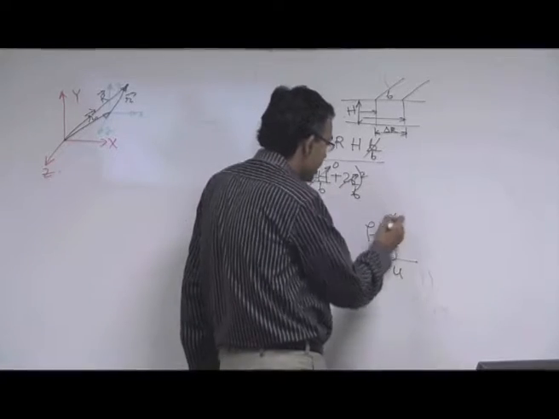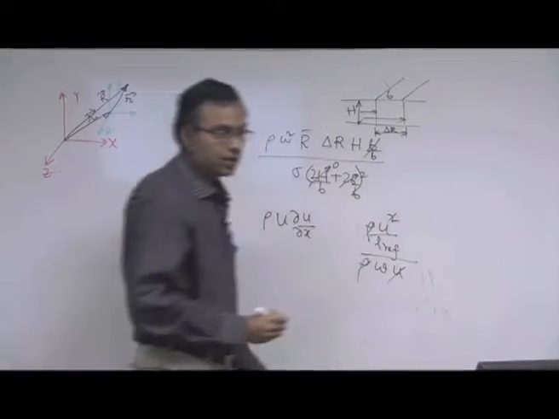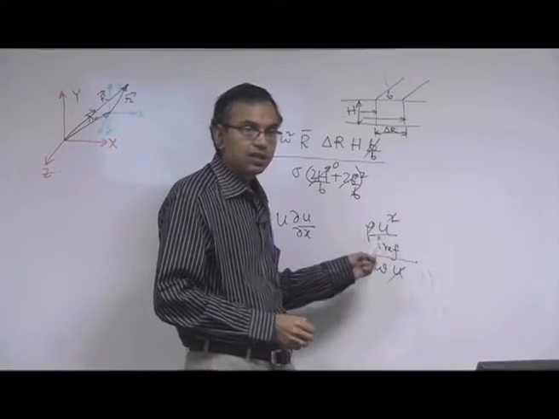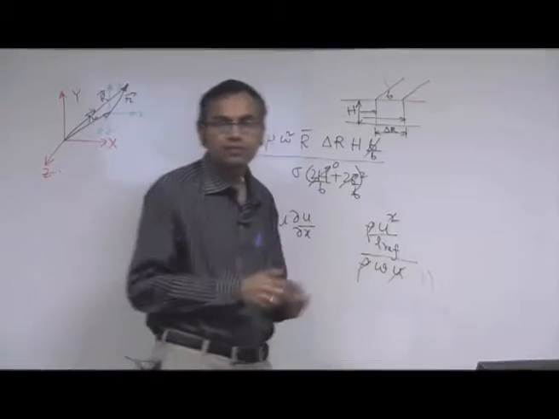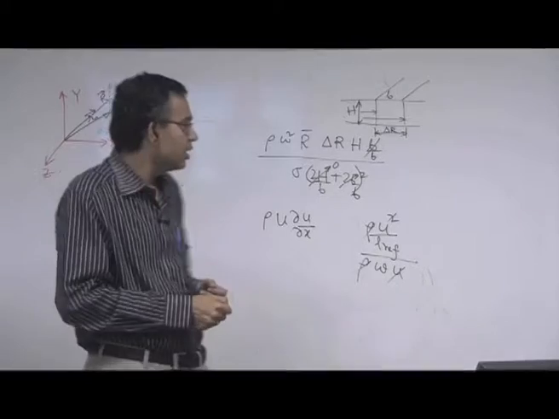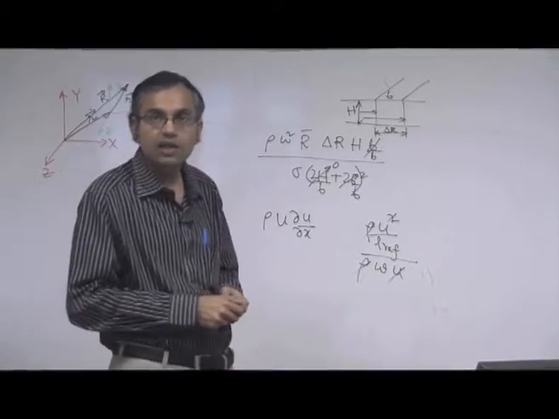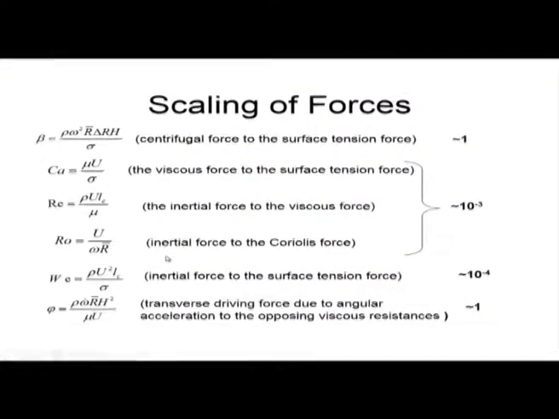So rho gets cancelled, so u by L reference, and L reference is typically the R average. You can take any important length scale of your choice, but along the direction x, R is the relevant length scale. So you can get the inertial force by Coriolis force.